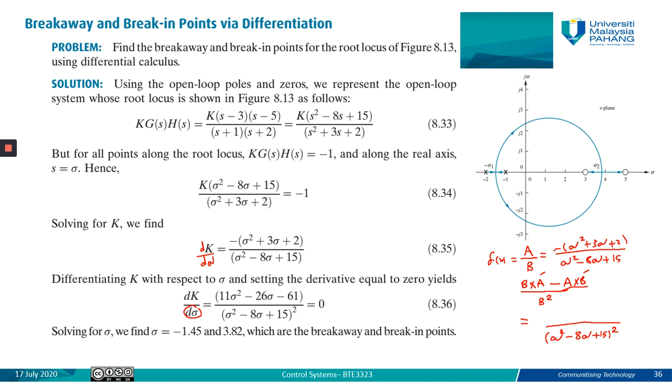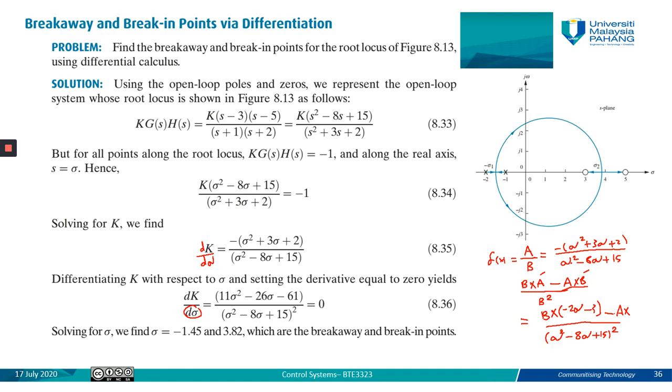Then we take b times the derivative of a. We can just write b here for simplification, and later substitute its value. The derivative of a, where a is equal to this value, will be negative 2 sigma plus 3, since the negative goes inside. Then minus a, which we substitute later, times b prime.